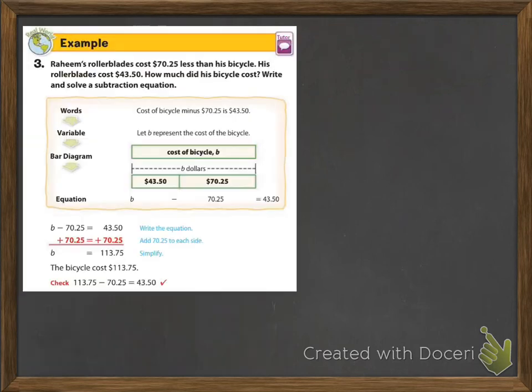On textbook page 538, it says Raheem's rollerblades cost $70.25 less than his bicycle. His rollerblades cost $43.50. How much did the bicycle cost? Write and solve a subtraction equation. So in this example, you can see what we've done here is the words say cost of the bicycle minus $70.25 is $43.50.